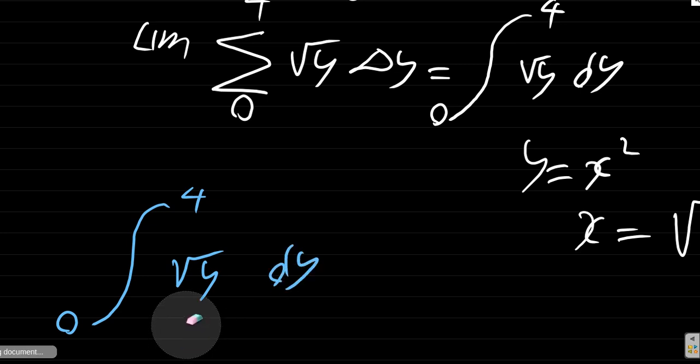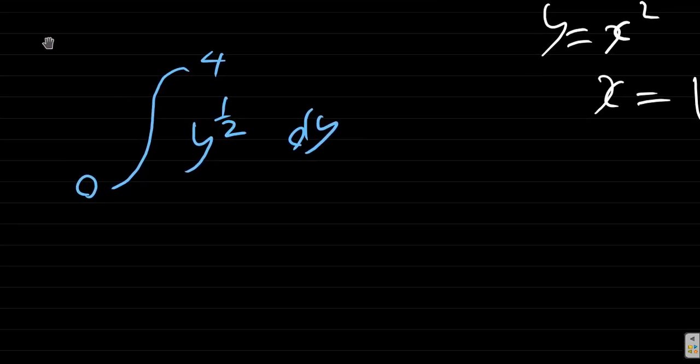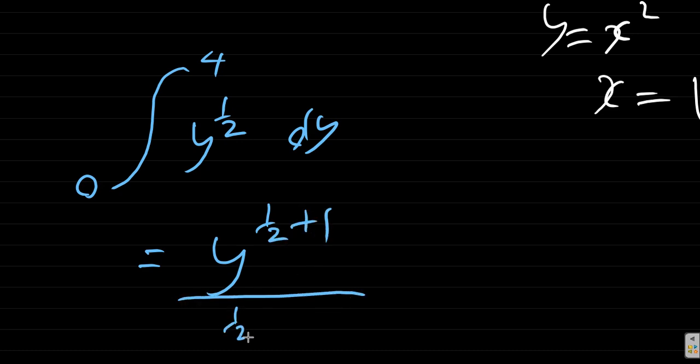Or what's another way we can write it so we can integrate it? It's y to the power of a half. You have to remember that, the square root of a number is the same as the number to the power of a half. Now, this is going to be equal to y to the, remember the power rule, half plus 1 divided by the new power, half plus 1.